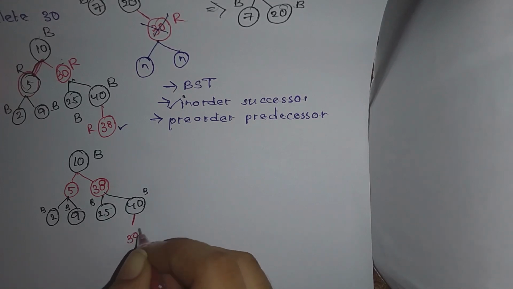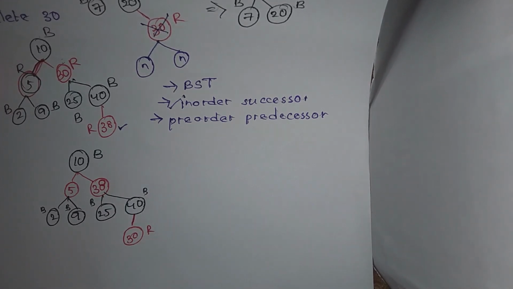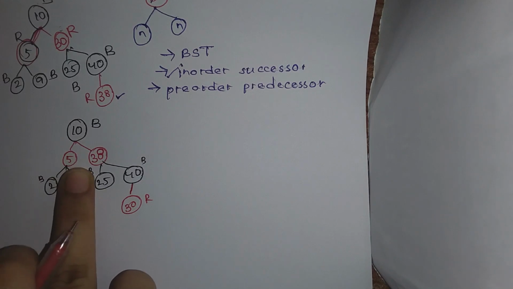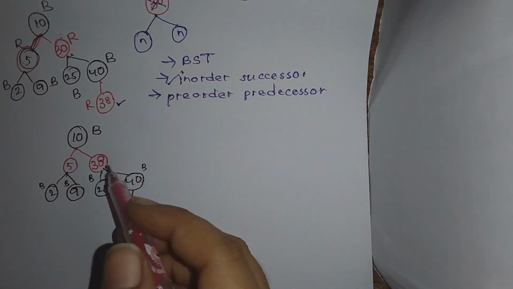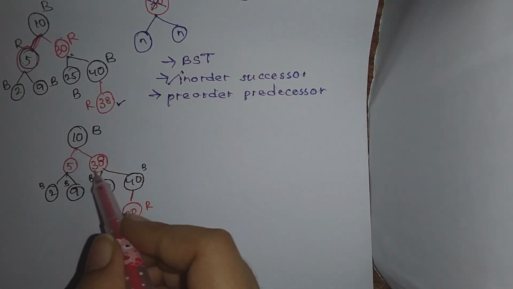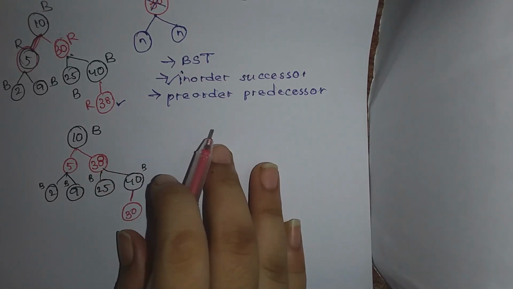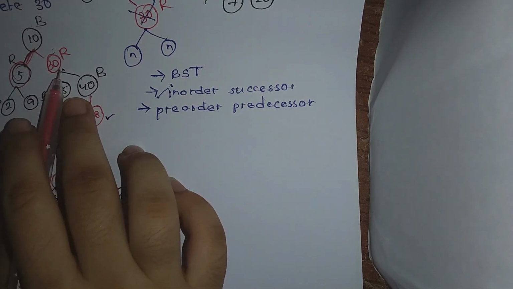The colors of both 30 and 38 are not going to change because we are just replacing the values: the value of 30 becomes 38, and the value of 38 becomes 30.